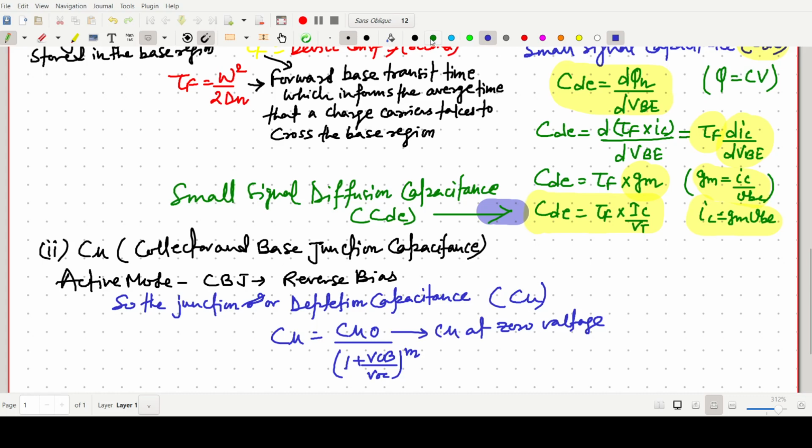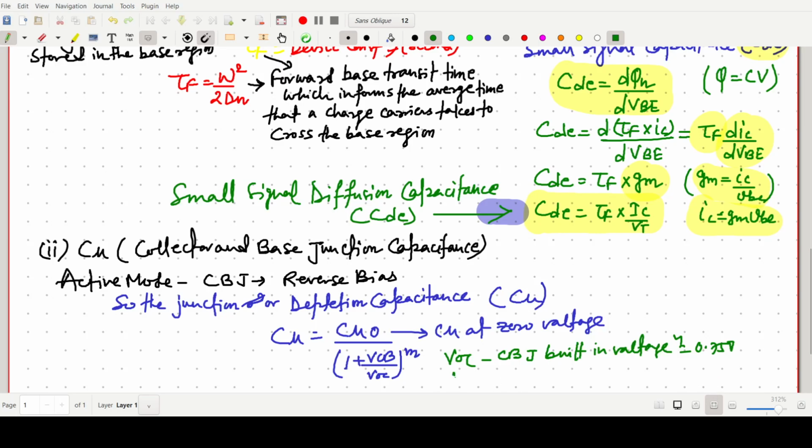And VCB is the collector to base voltage, and VOC is the collector base junction built-in voltage, which equals 0.75 volt. In the earlier case, the base emitter built-in voltage was around 0.9 volt.